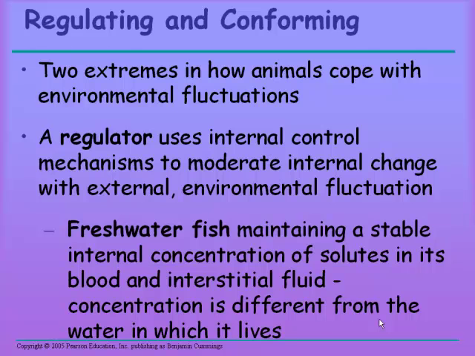A regulator uses internal control mechanisms to moderate internal change with their external environment, such as freshwater fish maintaining a stable internal concentration of solutes in blood and interstitial fluid. Concentration is different from the water in which it lives.